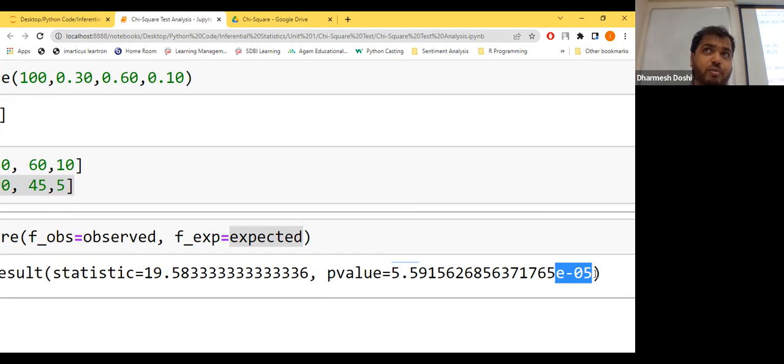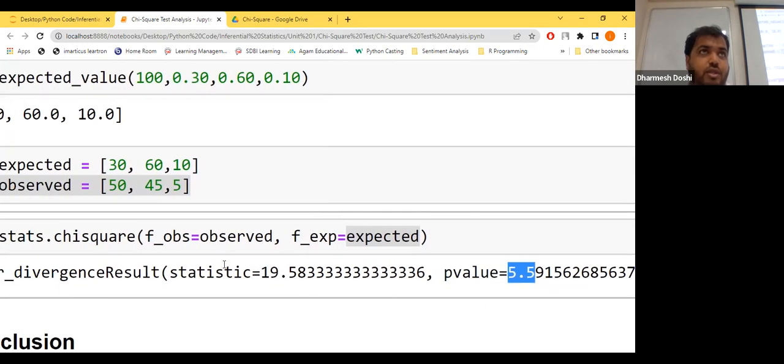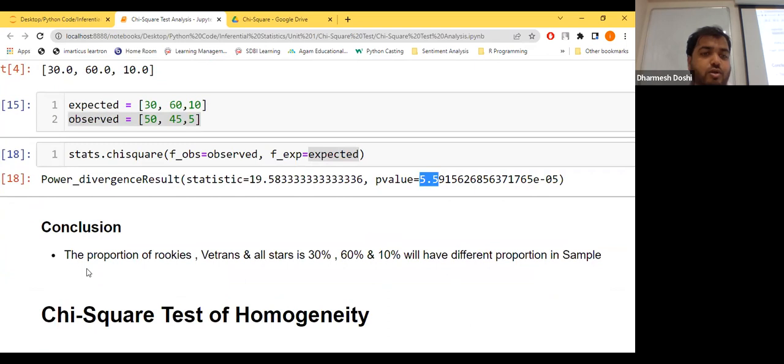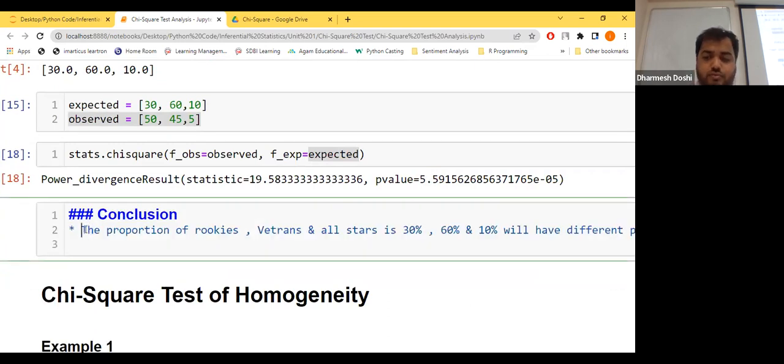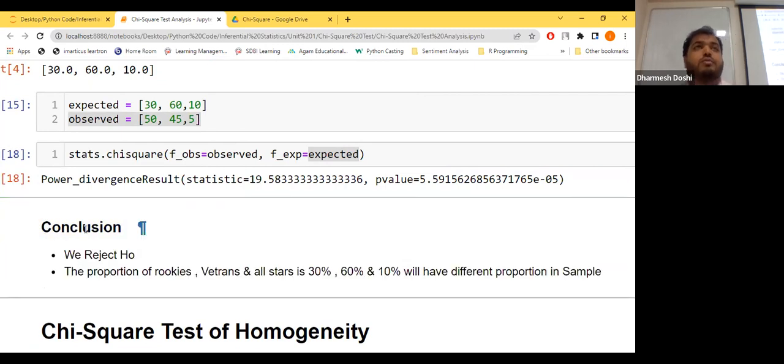Remember in float data type, if negative, we keep on dividing by the number of times; if positive, we keep on multiplying. So the actual number is 0.0000 and then 55. Can we say it is less than alpha? So here we reject H0. Clear. Any question, guys?